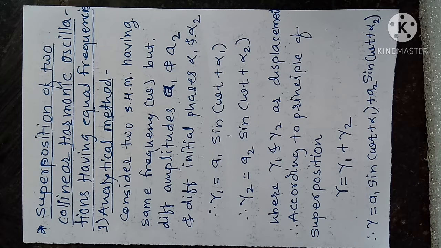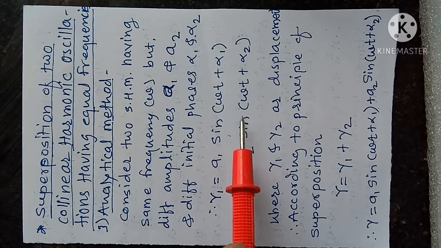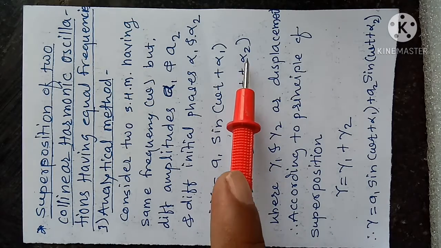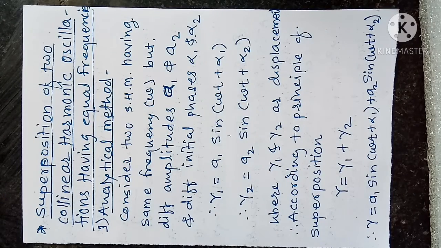Similarly, for the second SHM, the displacement y2 is equal to A2 sin(omega t plus alpha 2), where y1 and y2 are displacements according to the principle of superposition.